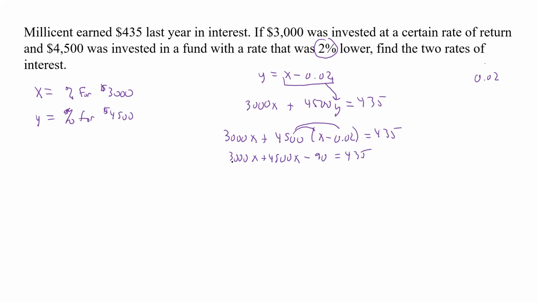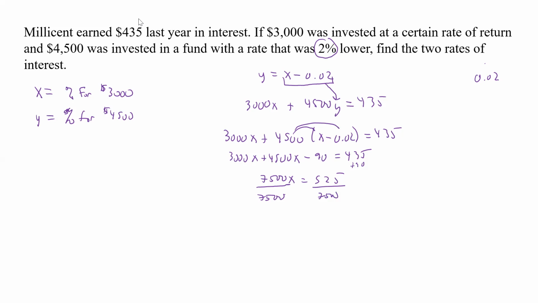Now, 4,500 plus 3,000, that's going to be 7,500x. If I add 90 here, that's going to be equal to 525. Now I divide by 7,500. And here's another case where it's going to be quicker if I just go to the calculator.